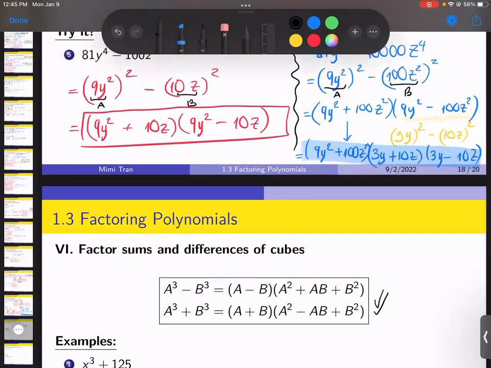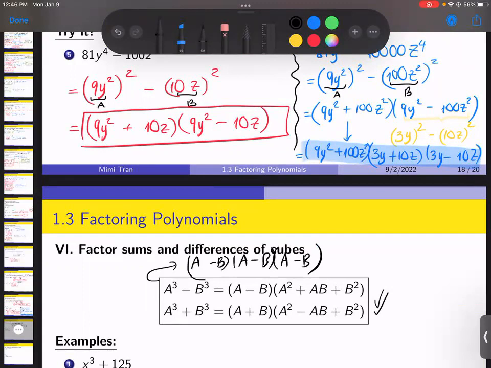Okay, so here is a common mistake. I have a cubed minus b cubed, and people will do it like this. Don't write this down. A minus b times a minus b times a minus b. And it's wrong, right?